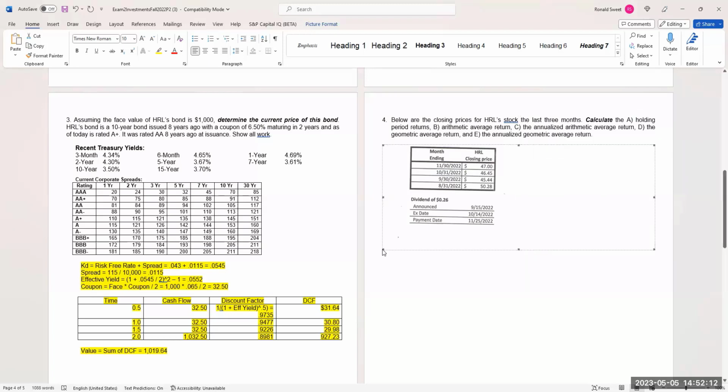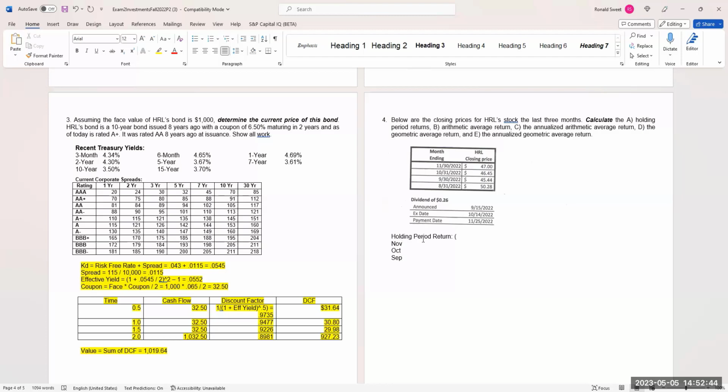And so to do that, we need each period's return. So what periods do we have? Well, we have November, October, and September. We can't do August because we don't have the beginning period.